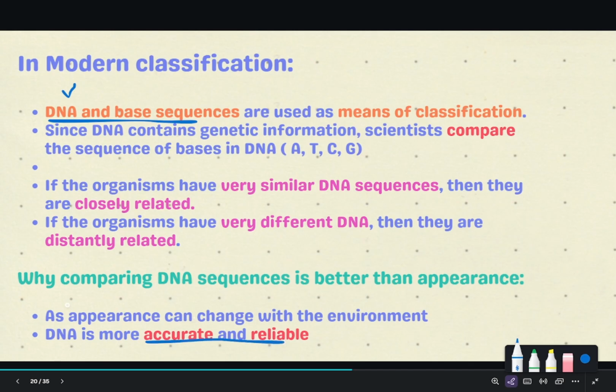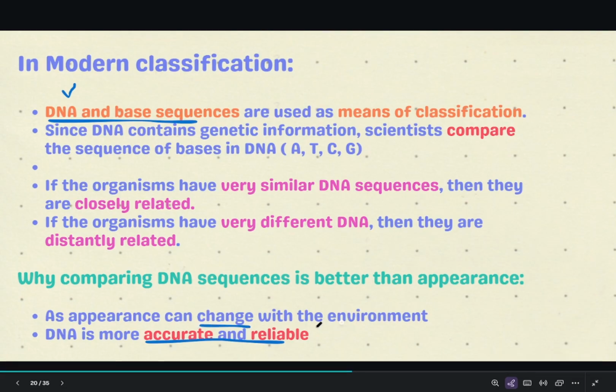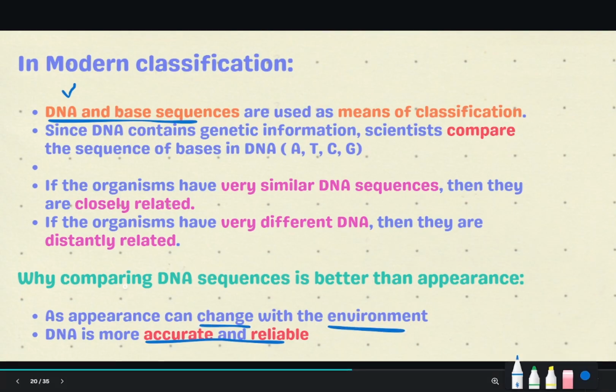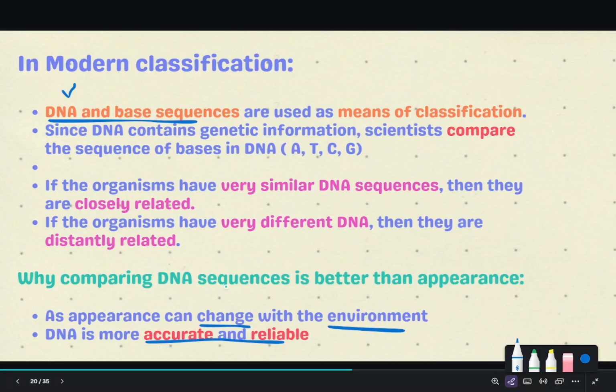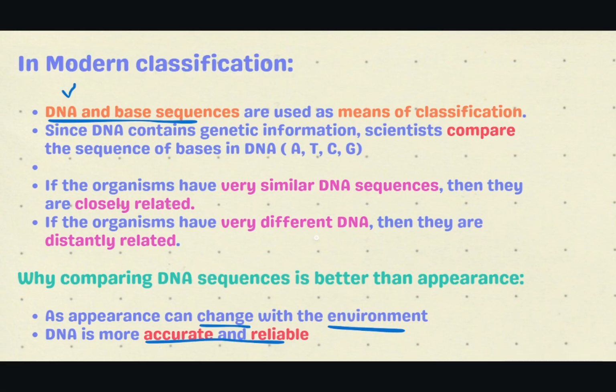Appearance and skeletal features can change with the environment. Environment has an effect on your appearance, right? But DNA does not. So it is a more accurate and more reliable way of classifying organisms.